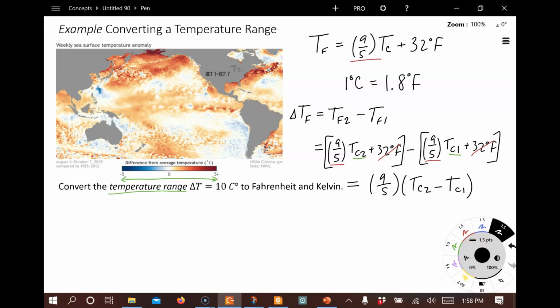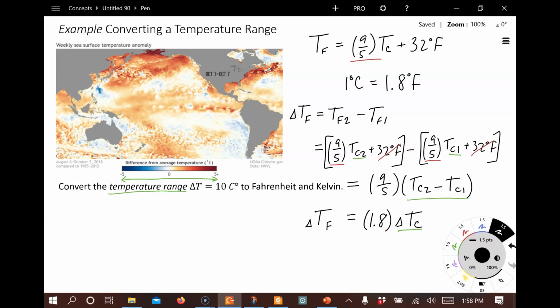And of course, this whole thing is just the change in the Celsius temperature. That is the range. So 9/5, that's 1.8. And this is going to be our delta TC. And so altogether, a change in Celsius can be related to a range of temperature values in Fahrenheit with this equation. Let's go ahead and use that result to solve this.